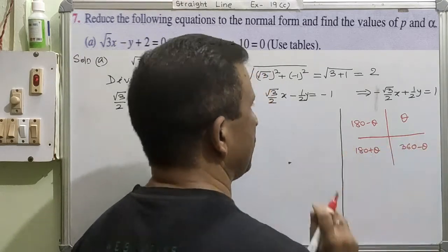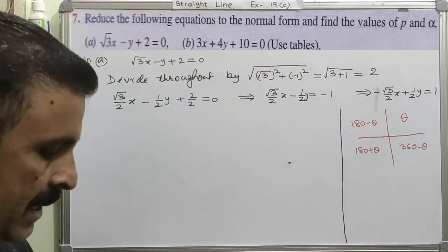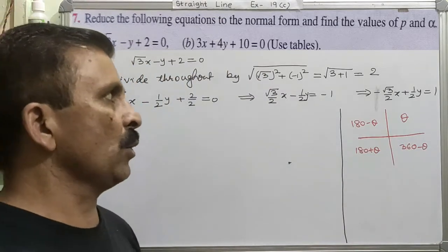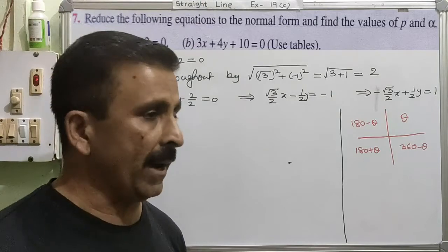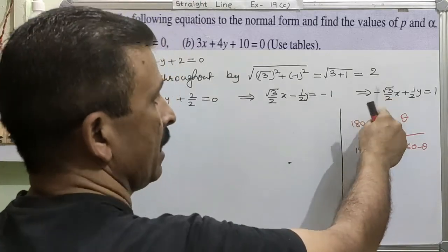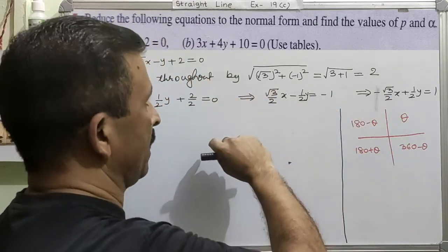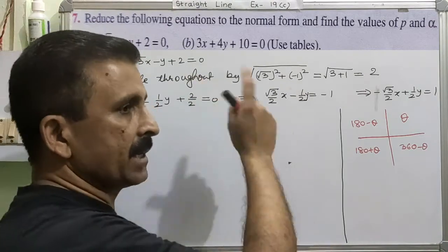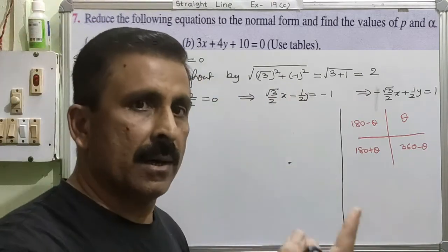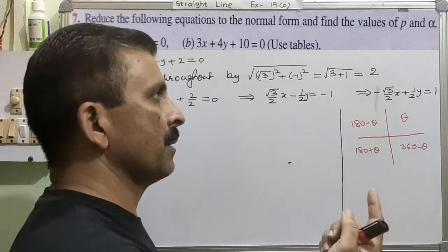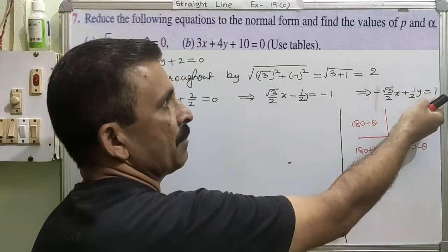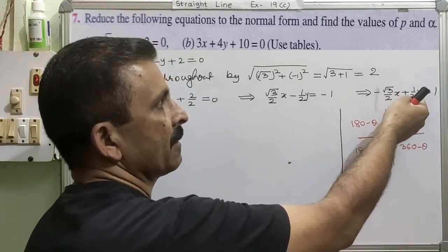This is very, very important for you to remember. This is because whenever you have to find out the angle, after converting the general equation into the perpendicular form, when you have to find the value of the length of the perpendicular and the angle, clear?